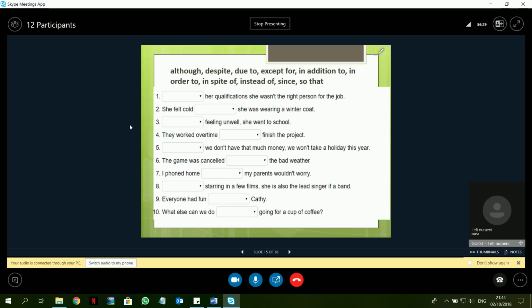Except for, sudah jelas, kecuali, in addition to, sebagai tambahan, in order to, dengan tujuan, in spite of, itu untuk menunjukkan perbandingan, perbedaan, instead of juga, since tadi untuk menunjukkan alasan, so that menunjukkan akibat, sebab akibat. Oke, okay? Silahkan, number one, who wants to try?